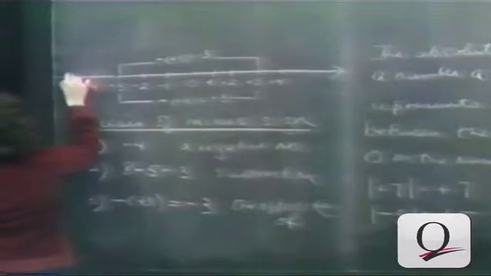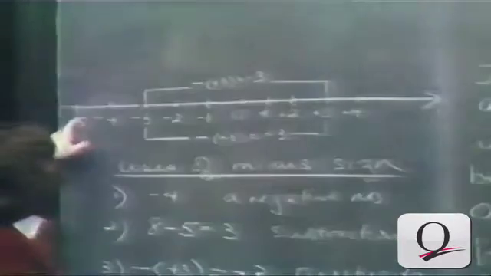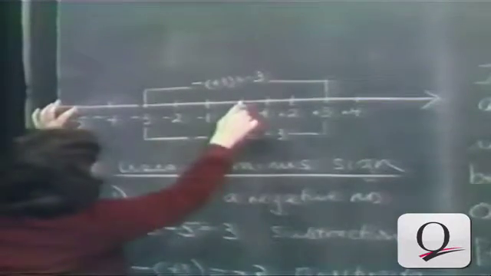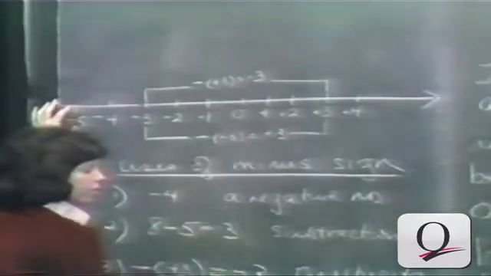The absolute value of -5 would be over here on the number line. The absolute value of -5 would be the distance between -5 and 0, which is +5. The absolute value of +5 is also +5.